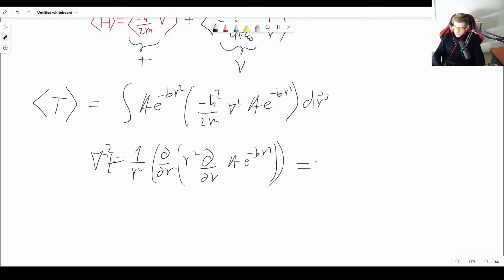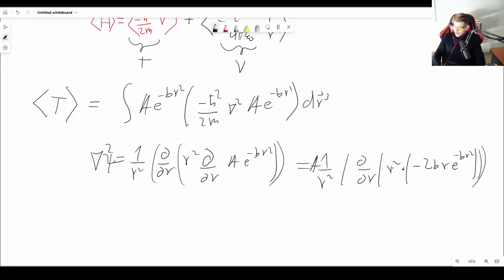So let's do it. 1 over r squared, this hasn't changed, d by dr, r squared times... well, actually we can pull out the a in front. The derivative of this here will have minus 2br e to the minus br squared.